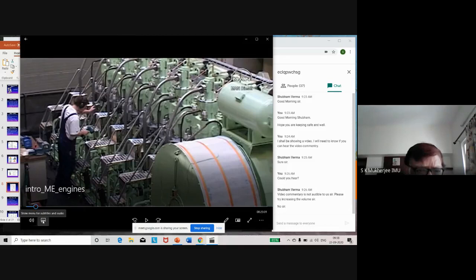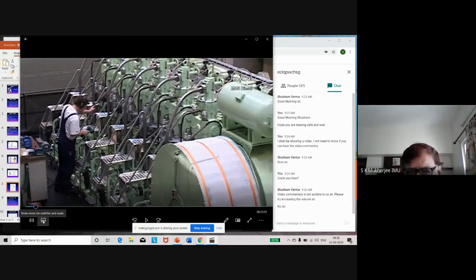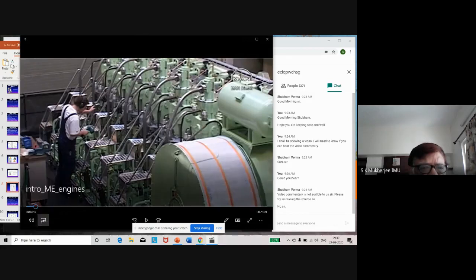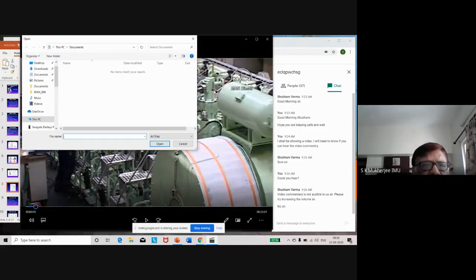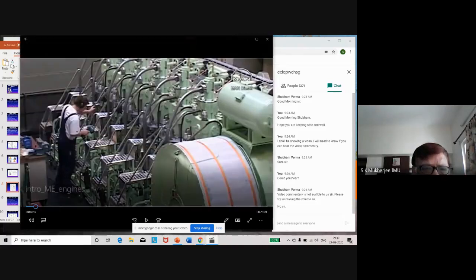What does it say? Show menu for subtitles. Okay, at least the subtitles will be there. Yes, sir, that will help. Audio subtitles, two subtitles. The video, two channel. What is this now? How do I choose the video?